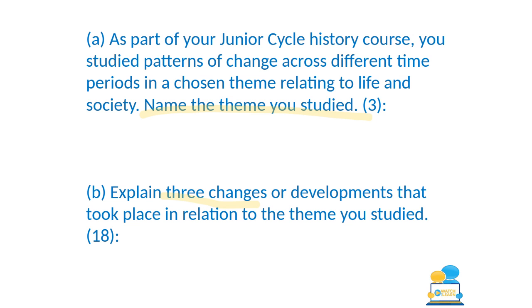The reason why I would always do health and medicine is because you will have covered health and medicine in a lot of the topics you do on the Junior Cycle History course. For example, when you did life and death in medieval times, you will have talked about the Black Death, the plague, and maybe some of the really bad, ineffective medieval cures. When you went on to Renaissance medicine, you would have spoken a little bit more about it.